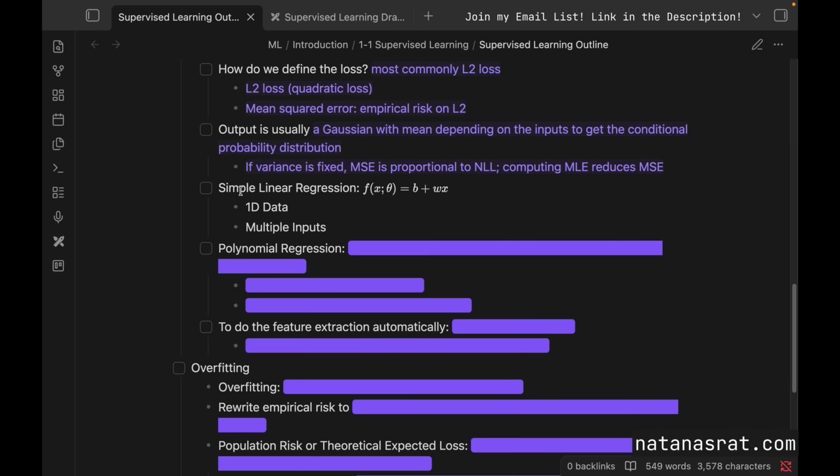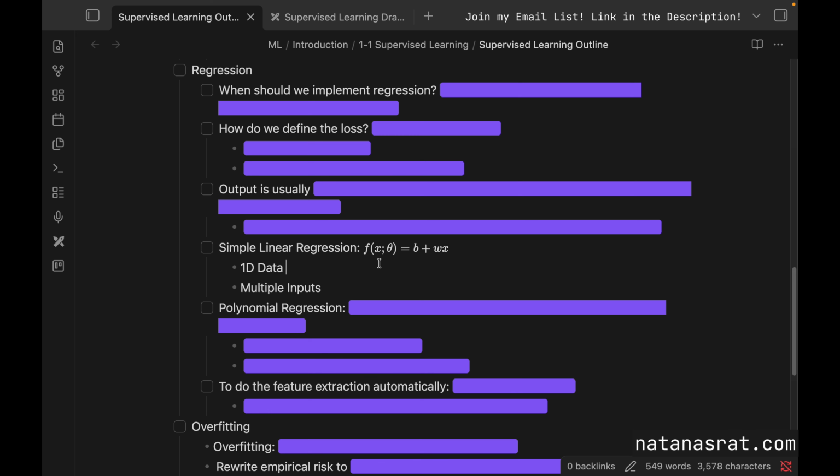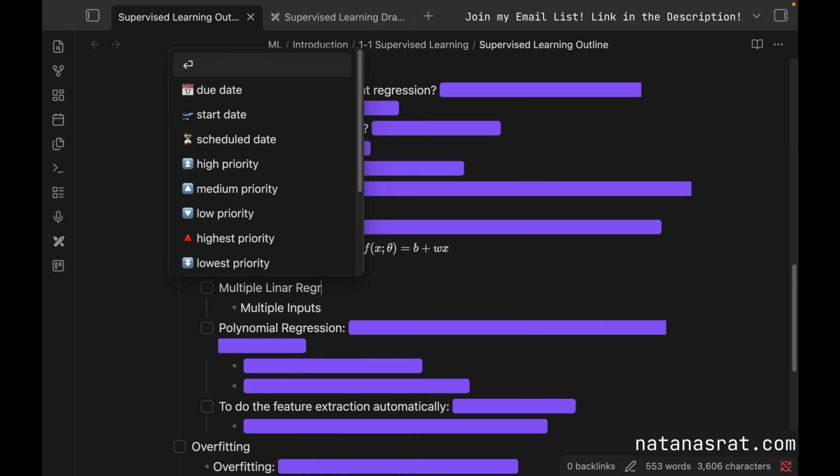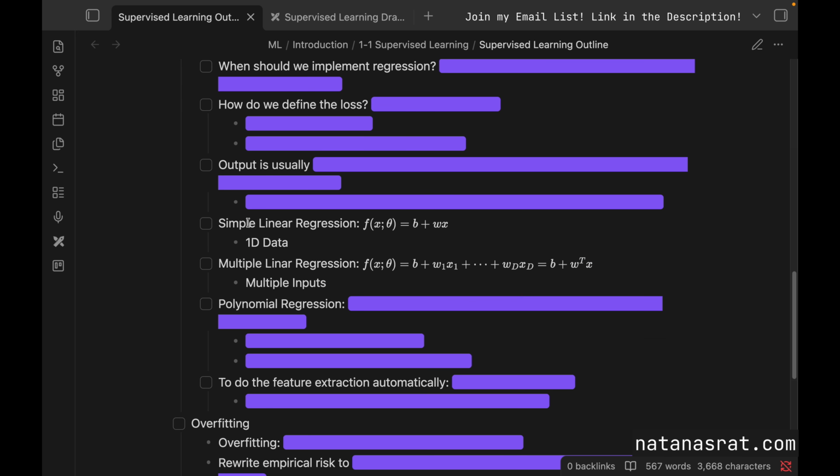So the simple form of regression is for 1D data. Let me actually correct this. Basically, simple linear regression has the following equation, where we learn the bias and we learn the weight, and for any 1D input x, that can be a number like 5, we just multiply with the weight, add some bias, and that's our output.